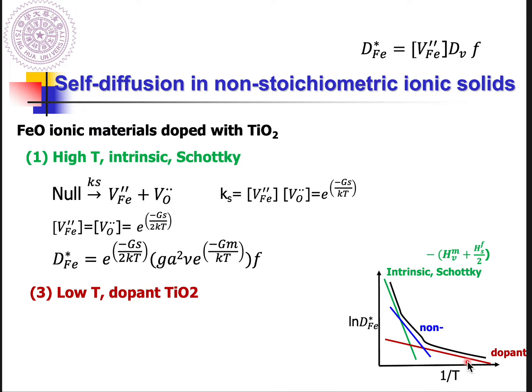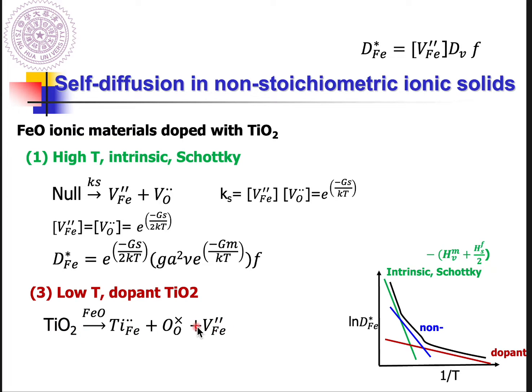So at the low temperature regime, as you know, we doped TiO2 into this iron oxide. So the Ti with 4 positive charge is going to sit on the vacancy at iron with 2 negative charges. So 4 minus 2, we will get 2 positive charge here, and O will sit on O. And as you know, you have 2 O, right?